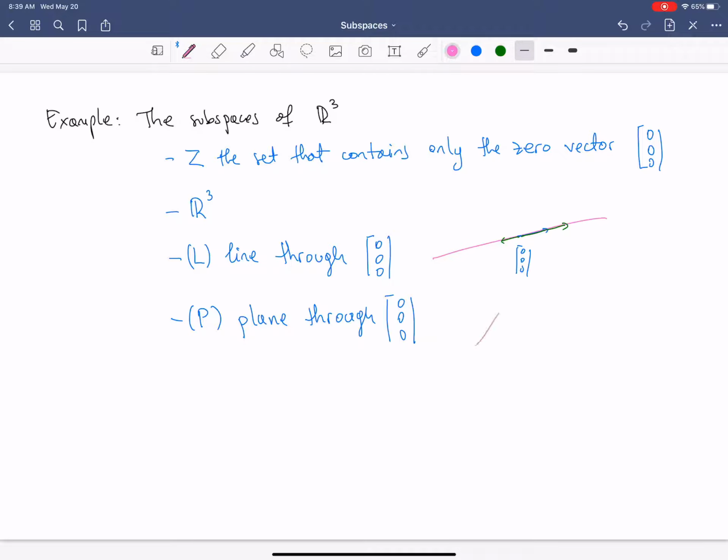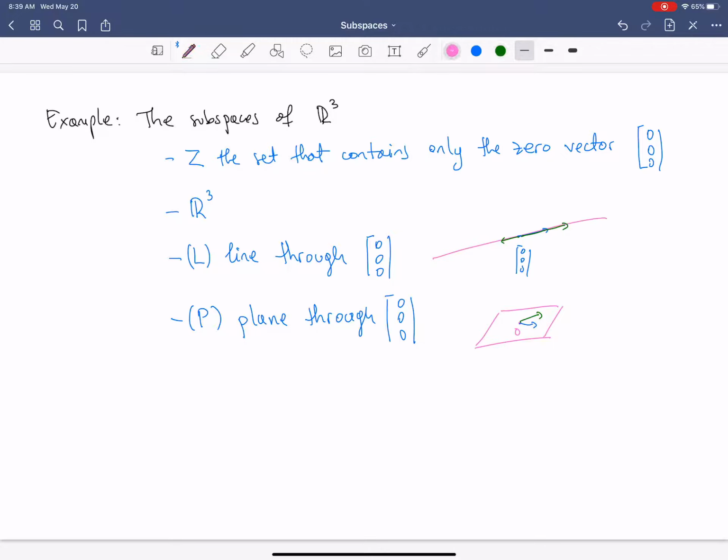And the same is true for a plane. So if we have a plane in 3D space passing through the origin, so here's the origin, then when you take any two vectors in the plane, their sum is also going to be in the plane.